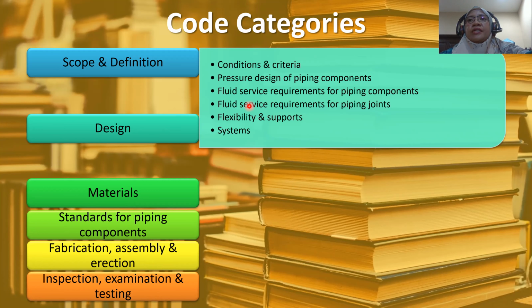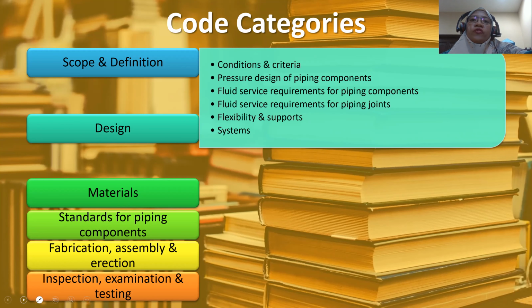Under design, there are other parts: conditions and criteria, pressure design, and piping components, fluid service requirements for piping components, piping joints, flexibility and support systems. If you want to know more detail about the contents of each subtopic, you need to buy the codes. So this is the structure of the code document.